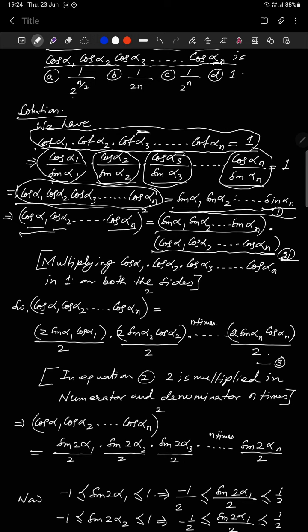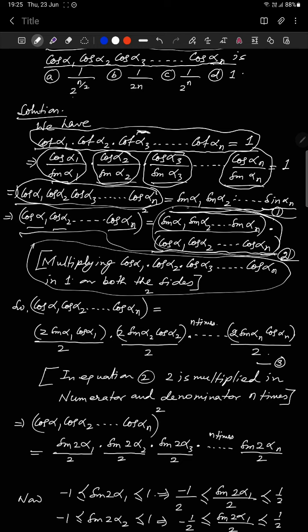What we have done in this step is written in this particular part. I hope you can understand that. Now in equation number 2, throughout, we are multiplying in the numerator by 2 and dividing the whole thing by 2, like this.